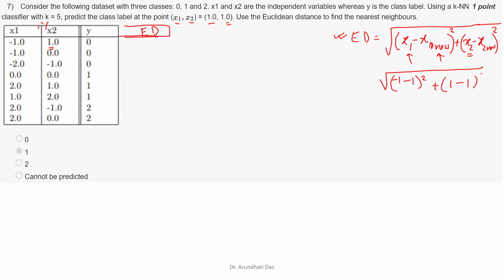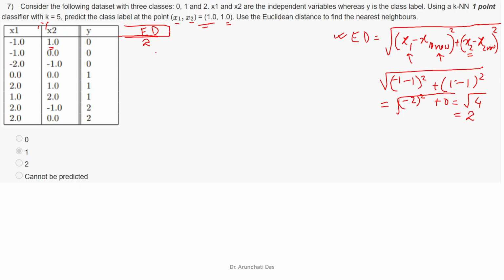So (1 - 1) whole square. If we calculate this, we get (-2) whole square plus 0 whole square, which is square root of 4, equal to 2. So the Euclidean distance from the new data point to the first data point is 2.